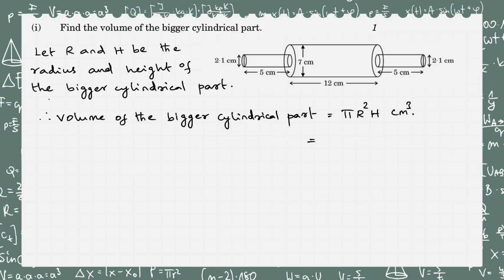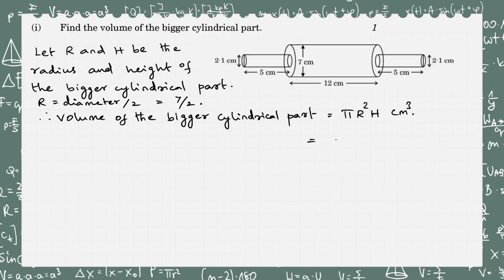And about the radius, we only have the diameter, right? So, R equal to diameter divided by 2, which is equal to 7 by 2. I am not going to convert it to a decimal. I am planning to keep it as a fraction only, because fractions are easier to handle than decimals.